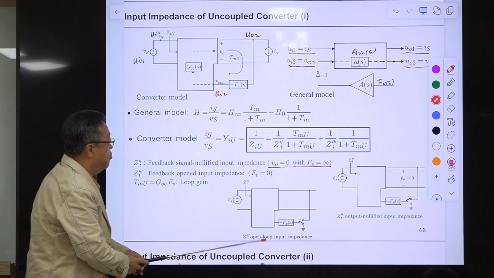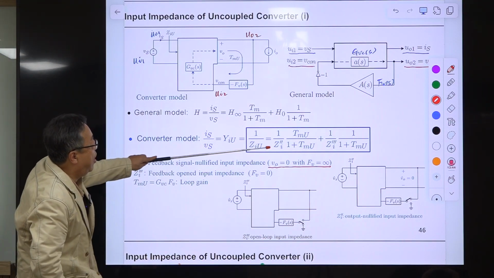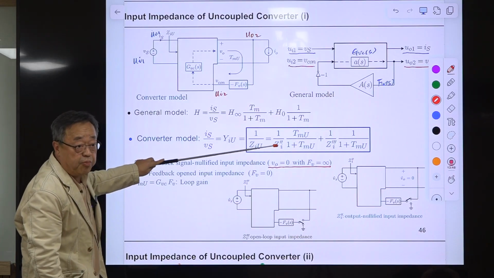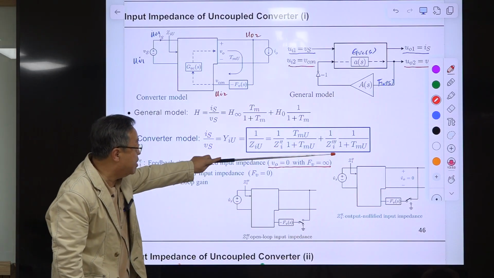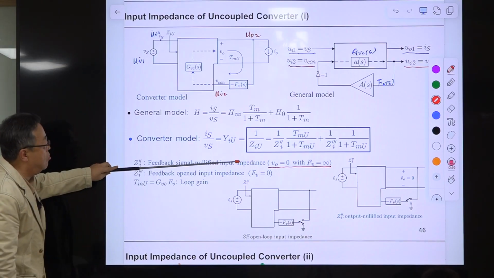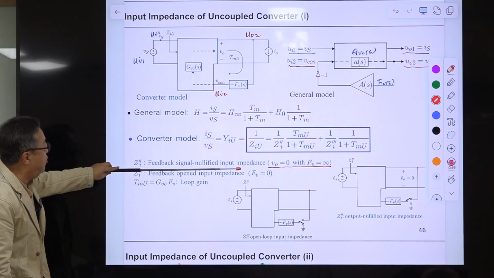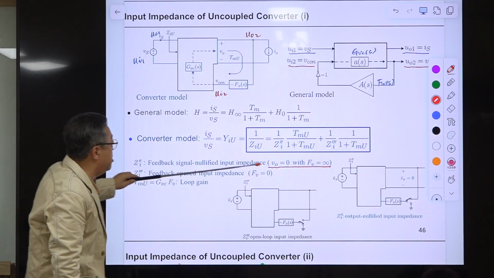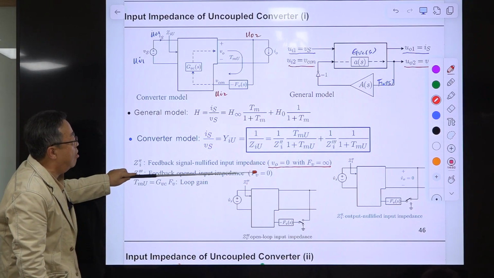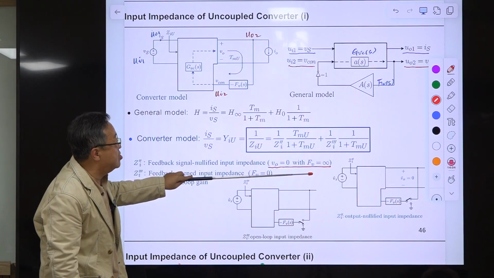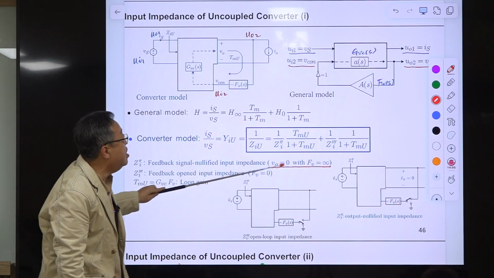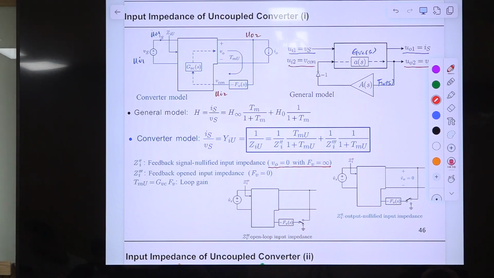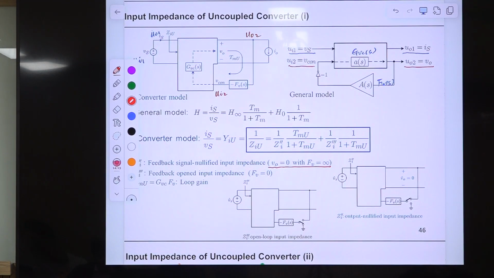With that condition, we defined the input impedance as GI double prime, GI triple prime. So I wrote that down here: the feedback signal nullified, this output nullified input impedance. Because FB becomes infinity, this becomes infinity, then our voltage should be 0. Otherwise there is some contradiction.